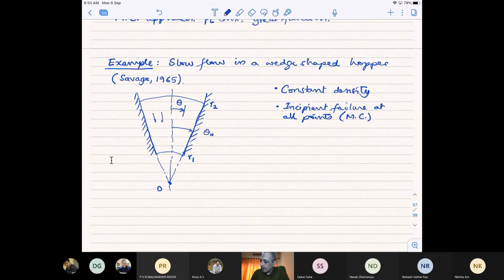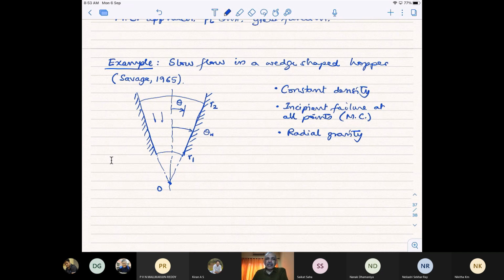But very interestingly, in addition to this, to simplify matters, he assumed that there is radial gravity. That means that the gravity is acting in the direction that I have shown with the arrows. It's not acting downward, but it's acting towards the origin of the coordinate system.